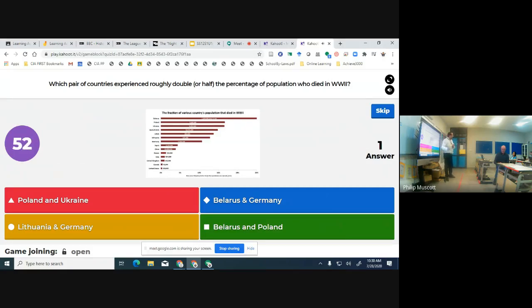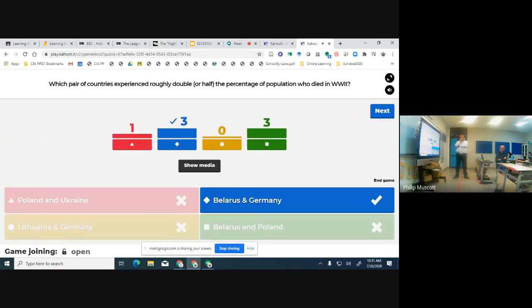So you need to look at the graph, which you can see on the Meet, because I'm also showing my screen. Answer: Belarus and Germany. 3 of you got that one.